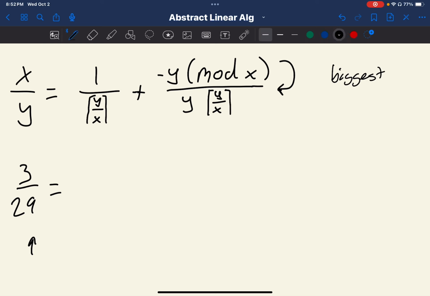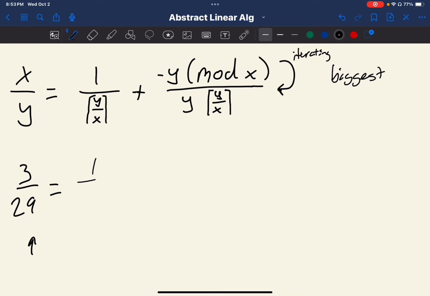You may not know what modular arithmetic is, this mod x, but I will describe it and you don't need to know too much about it. It's just a fancy way of thinking about congruence. A big thing that I do want to point out is you can't cancel this negative y and y because of how modular arithmetic works, but that's all. So let's start.